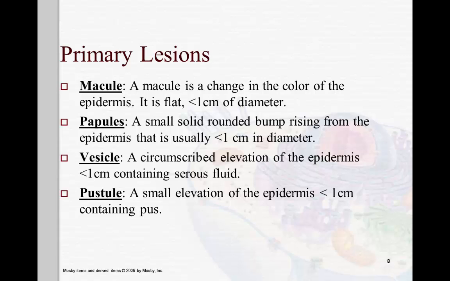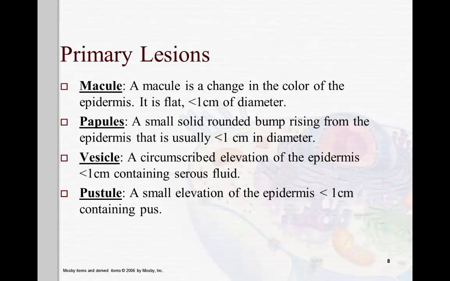Now, you need to know these slides coming up. Memorize the definitions of these primary and secondary lesions. Macule. What is a macule? Basically, a macule is no more than a spot or stain in the skin. It is a change in color of the epidermis.